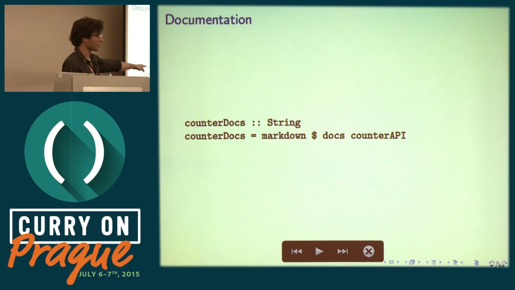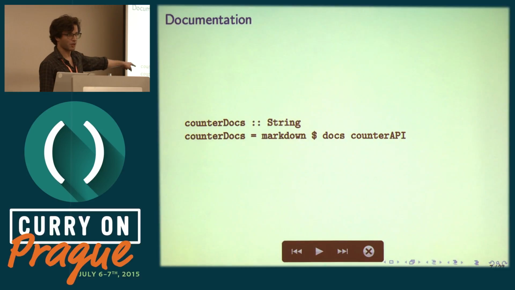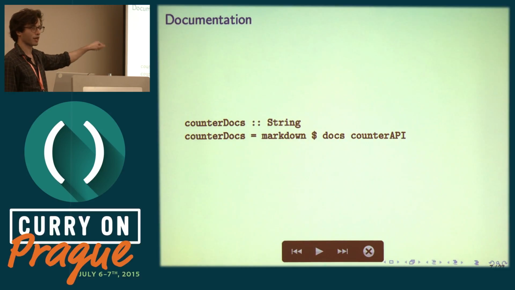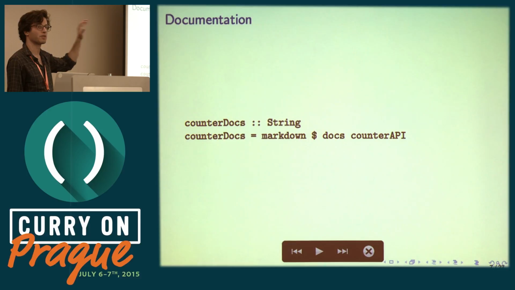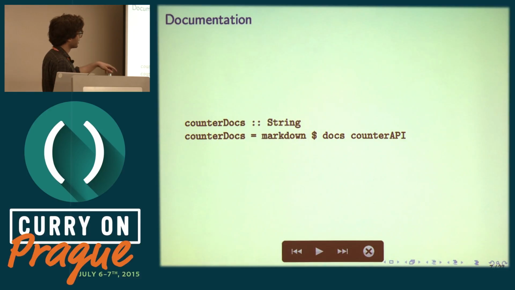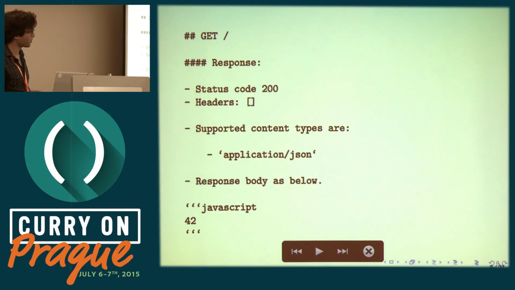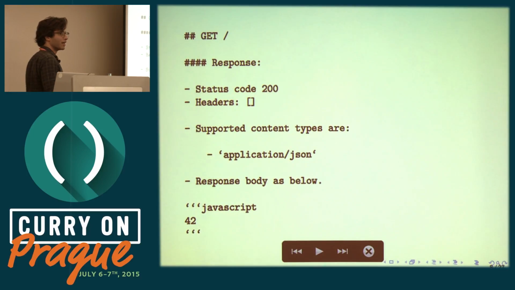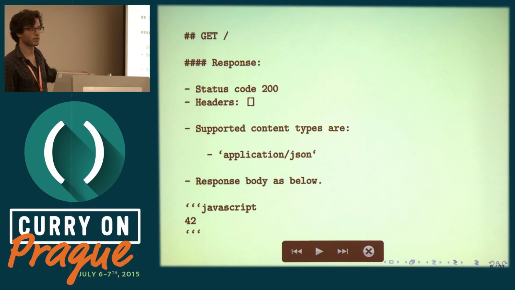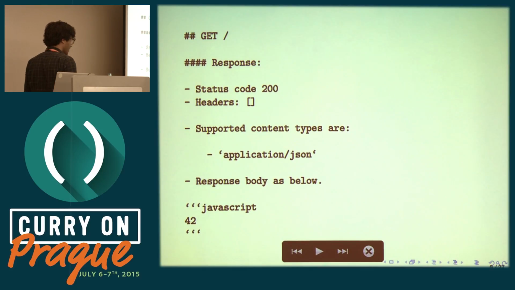Using these two functions, where counterAPI is, as you'll remember, the value level proxy for our type which represents our API, and using Markdown and docs, we get a Markdown representation of our API. This is just the get endpoint, but the post endpoint looks similar. And here you can see where toSample was used.